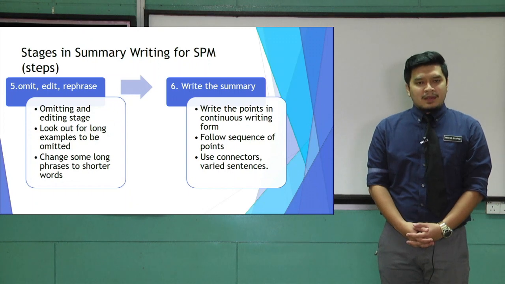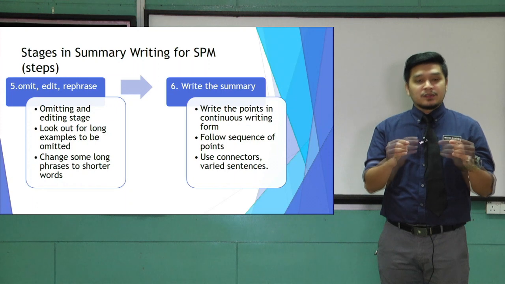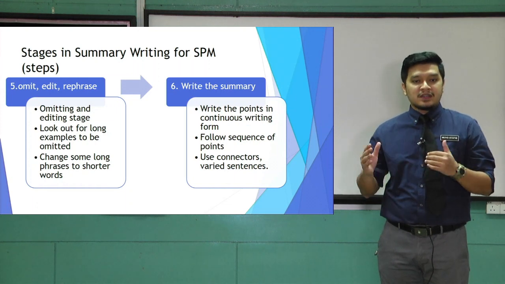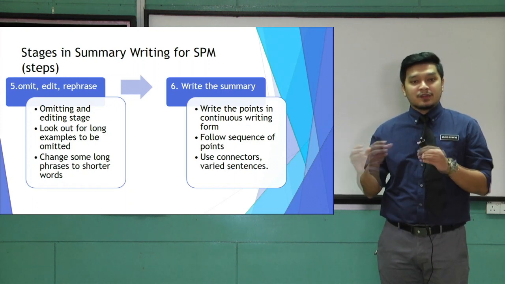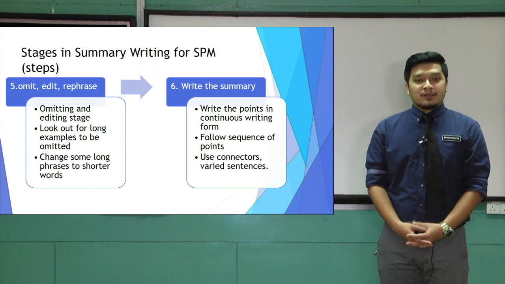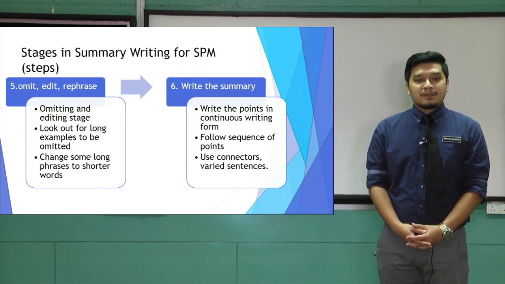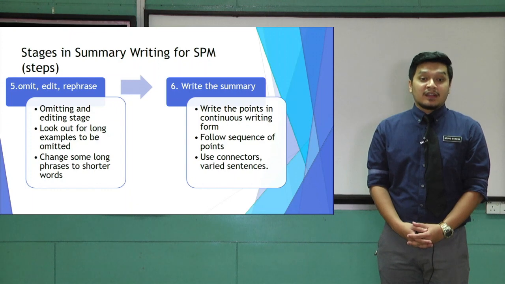We need to remember, when writing our summary, we just need to write the points. So we have to delete, we have to omit any long examples or any unnecessary, unrelated information. And for rephrasing, we have to change some long phrases to shorter words. Some good students may be able to rephrase the points to make it sound like their own sentences.